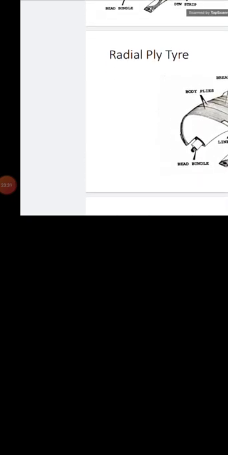Now radial ply tire. In a radial ply tire, the ply performs only one job, that is to make the wall of the tire strong enough to contain the air pressure.